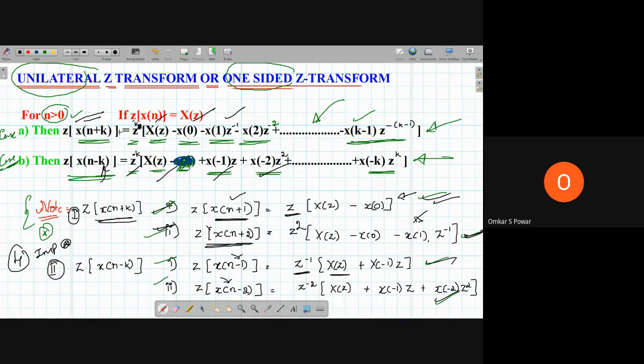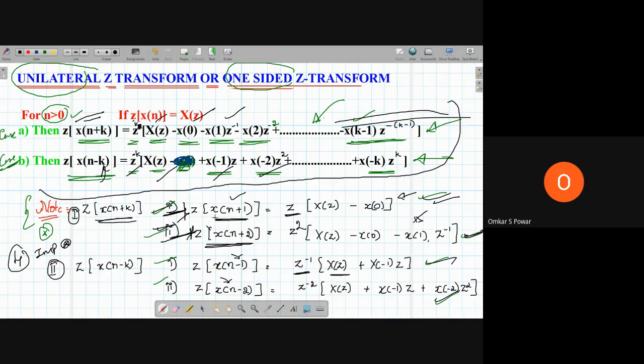Just substitute k is equal to 1 and k is equal to 2 to get z transform of n plus 1 and z transform of n plus 2. If you don't want to remember the generalized formula, that is okay, just remember the expansion I have written. Z transform of x of n plus 1 is equal to z into x of z minus x of 0. Z transform of n plus 2 is equal to z square into x of z minus x of 0 minus x of 1 z to the power of minus 1.